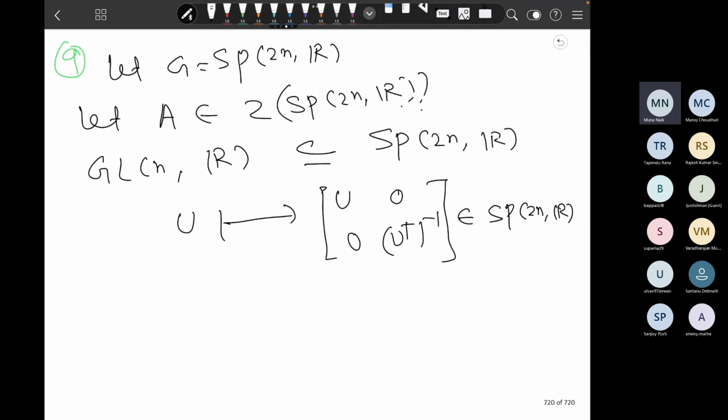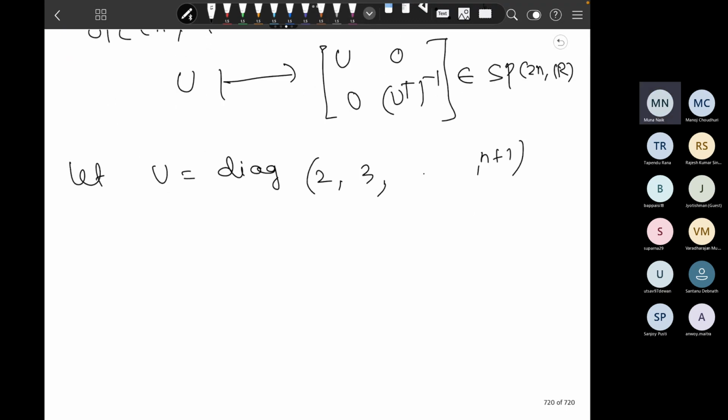So let this u be equal to really diagonal of 2, 3, up to n plus 1. So that means let b1 be equal to really u, 0, 0, and since u is a diagonal matrix, this is really u inverse.